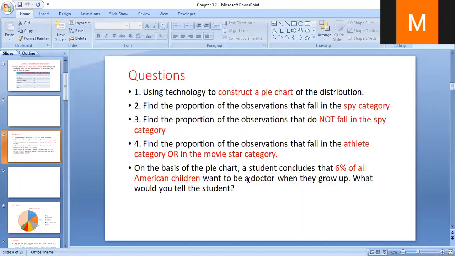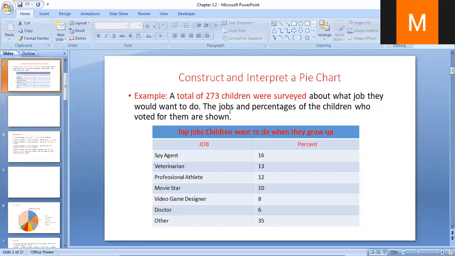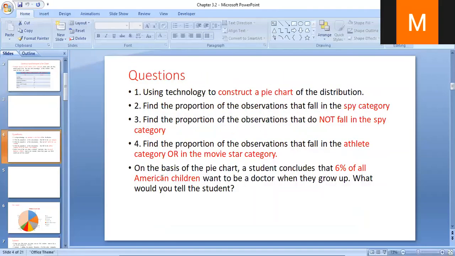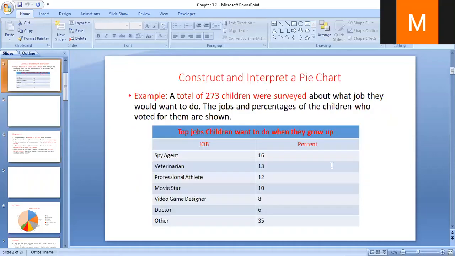But the student said 6% of all American children want to be a doctor. This cannot be, because it is only 6% of the 273 children surveyed. Not all children, not all American children. 6% of all American children is not the same as 6% of the 273 children.